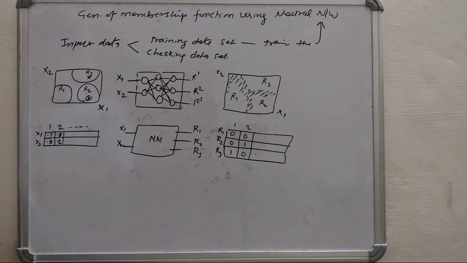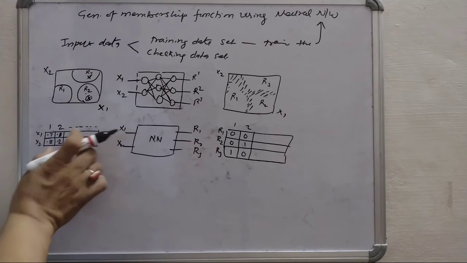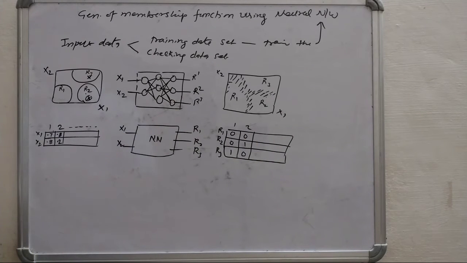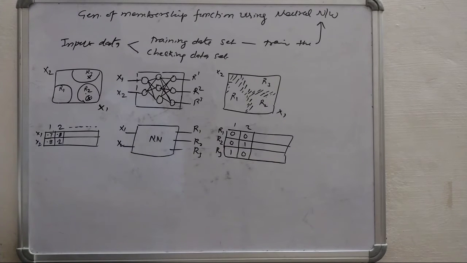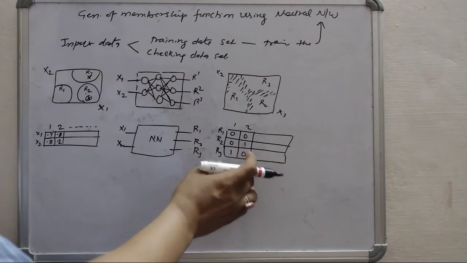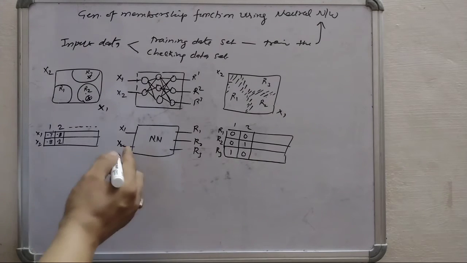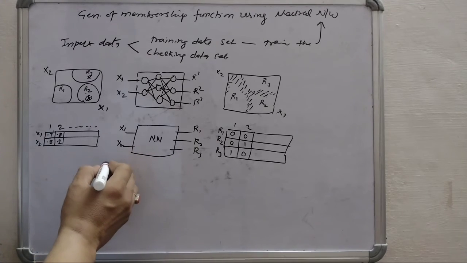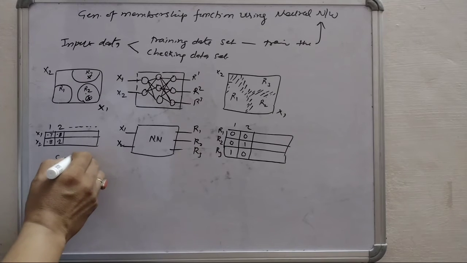In this way we can mark all the training data set and the corresponding values into the different memberships R1, R2 and R3. So basically this is mapping the coordinate locations. These are the coordinate locations we can write here.